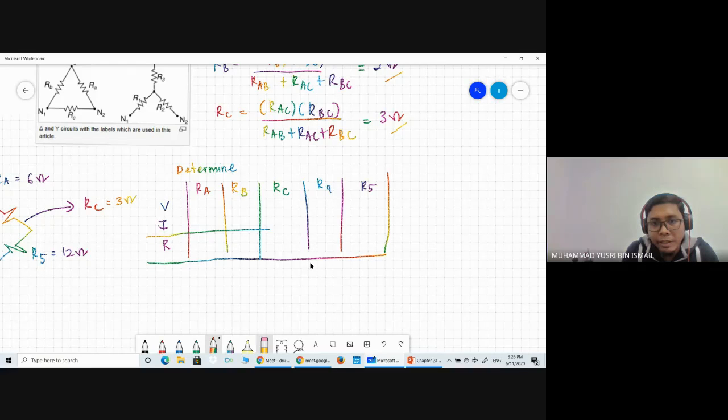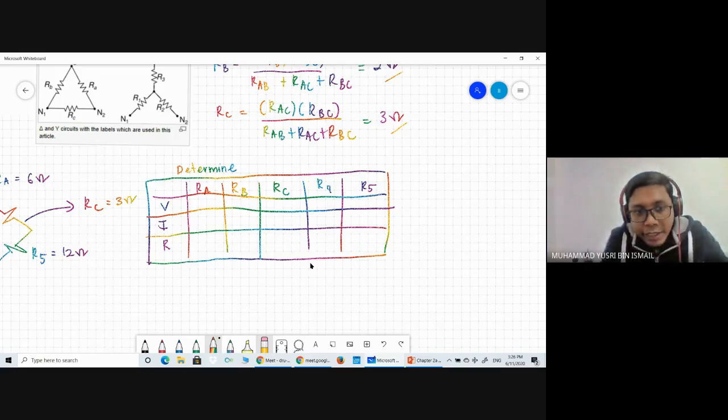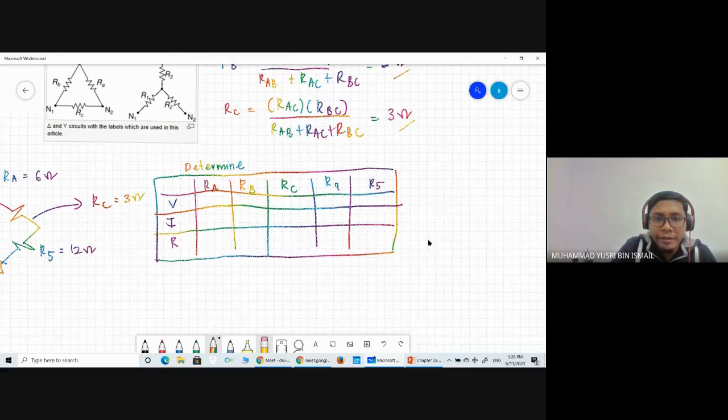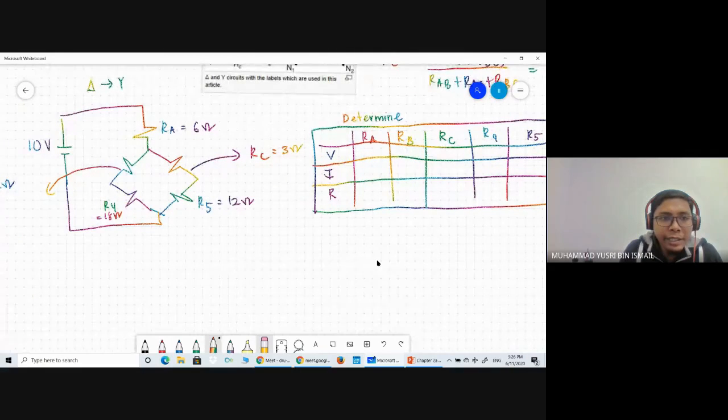This is basically an application of what you learned earlier, circuit analysis with the voltage, current and resistance relation. So now determine the current flowing into the circuit, I total.